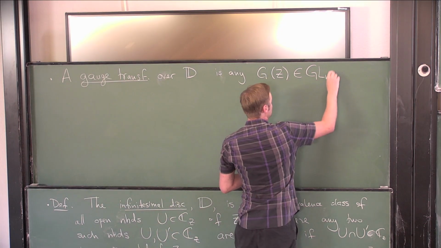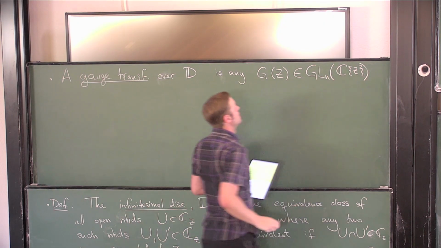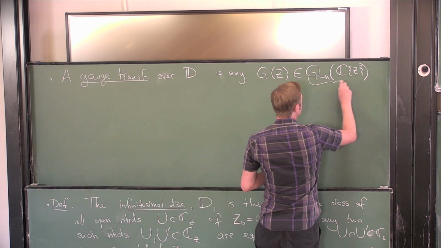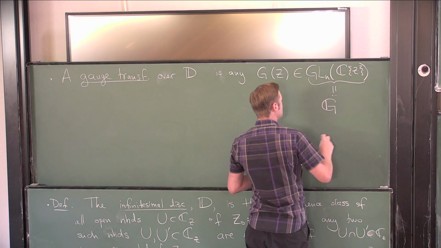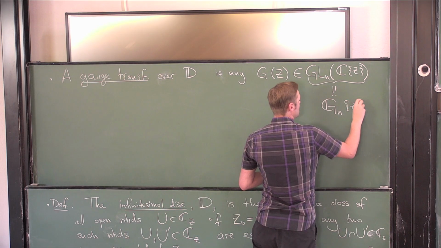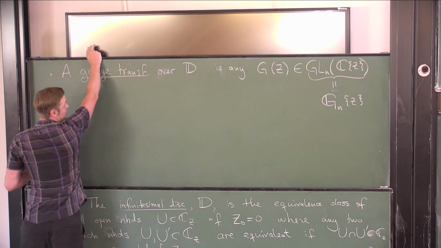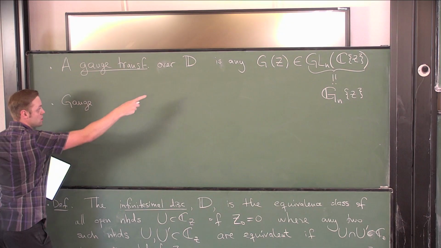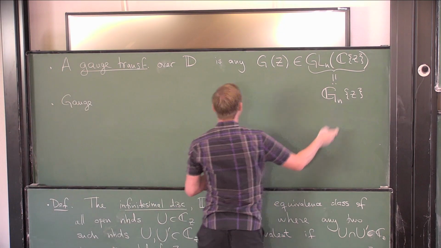So it's GLN with values in CZ. And I'll give this set special notation. I'll maybe write it as blackboard G sub N curly bracket Z. And then the gauge action now becomes an action of this, what is a group. This is actually a group.